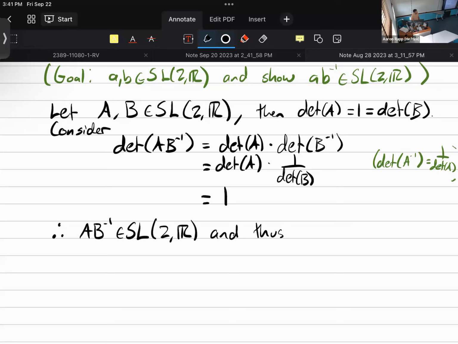Thus, because it passes the one-step subgroup test, SL is a subgroup of the general linear group of order 2.